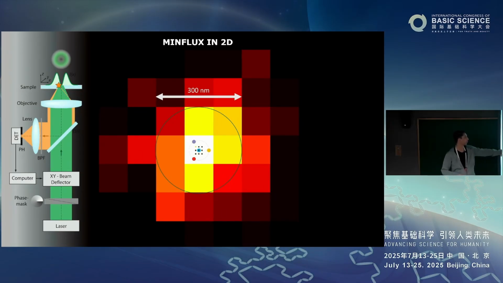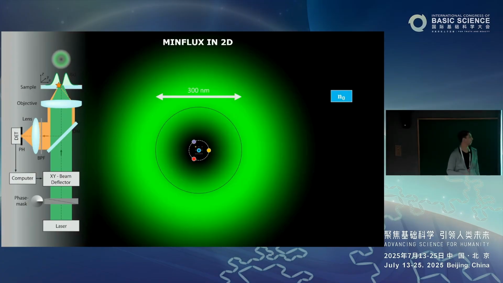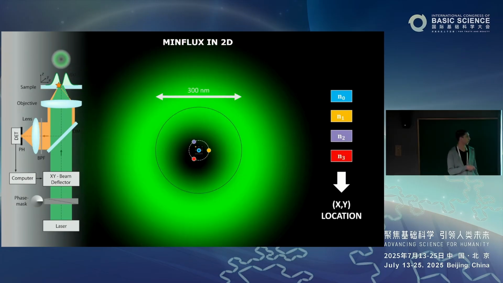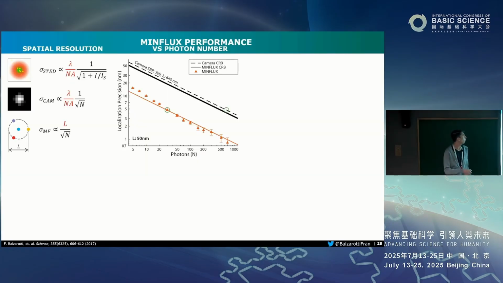You don't care about this, you just care about how many photons are accumulated here. And what this means is that if you collect how many photons this little molecule here, excited by this parabola, gets from here, from there, and there, and there, you can, again, write the likelihood function for this problem and localize your beam. So this was demonstrated experimentally, very successfully.